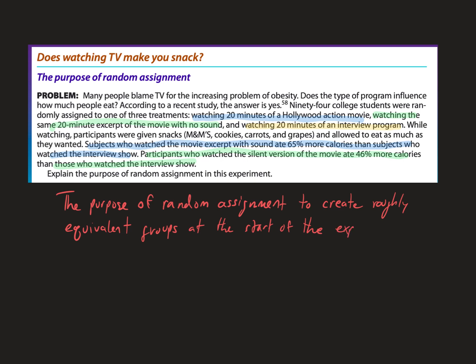And then that way we can look at the groups at the end of the experiment and compare how they've changed from the start of the experiment. And this helps avoid confounding.